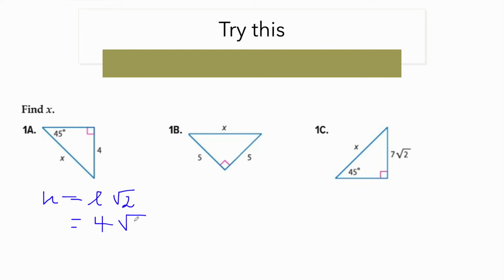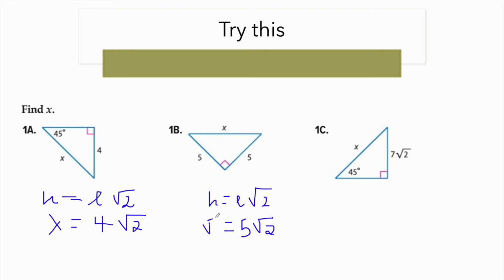So X is 4 root 2. I hope you got the same answer too. Okay, let's try this one. H equal to L root 2 equal to 5 root 2.